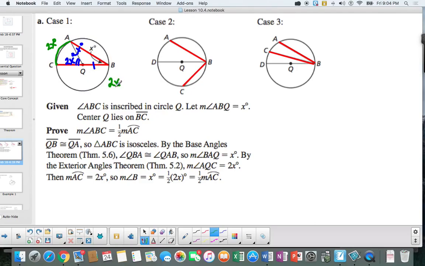So 2x degrees compared to x degrees is going to be in a 2-to-1 ratio. So this measure is going to be twice as big as this, or you can say the angle is half the intercepted arc. And that's what it's saying right here. This is half the intercepted arc.